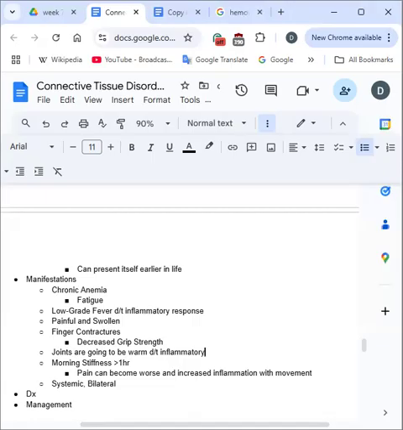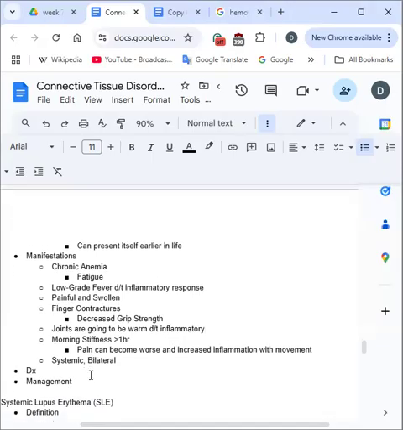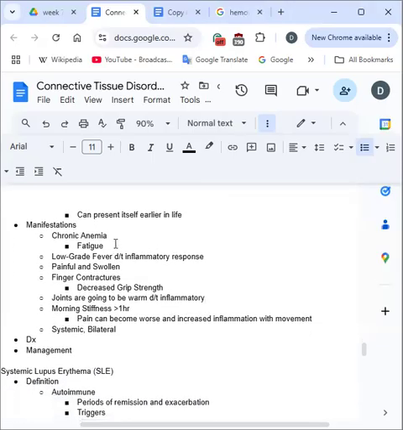That is going to change how this condition is managed compared to the other, as well as some of the autoimmune slash inflammatory based things. The chronic anemia slash fatigue is another big differentiating thing that goes along with your RA because it's autoimmune, it's inflammatory. So these are the things to keep in mind, the things that really separate it apart.